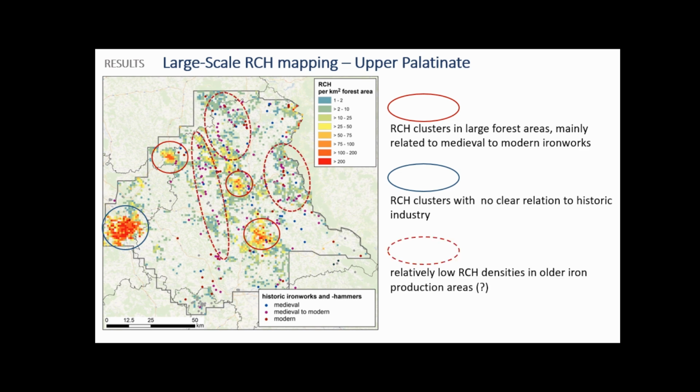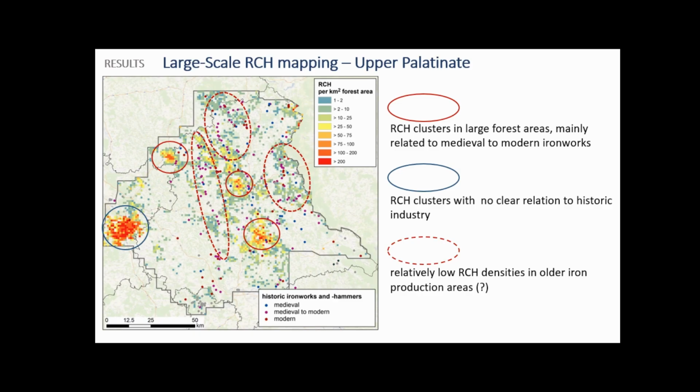If we go to those areas that were the centers of the early medieval or medieval to early modern iron production, there are two river courses, a lot of ironworks, iron towers here. Charcoal hearth densities are relatively low again.